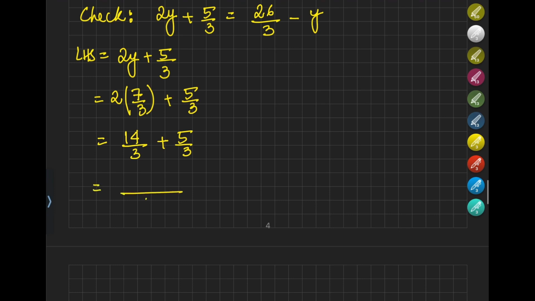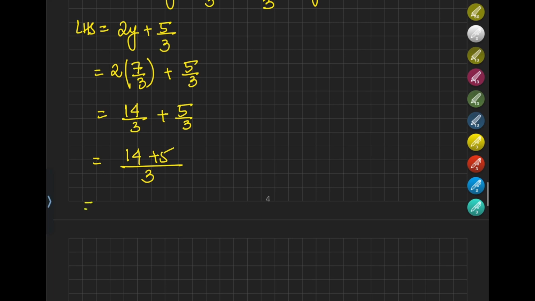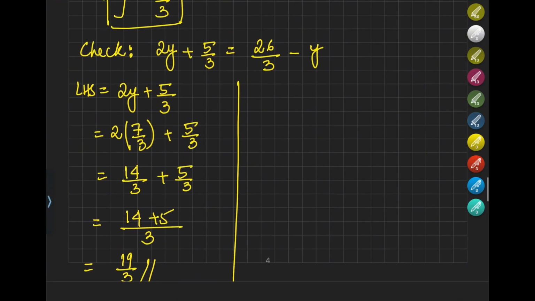So 3 is the LCM, 14 plus 5 is equal to 19 by 3 in the LHS. Now in the right hand side, 26/3 - y. So 26/3 - 7/3.